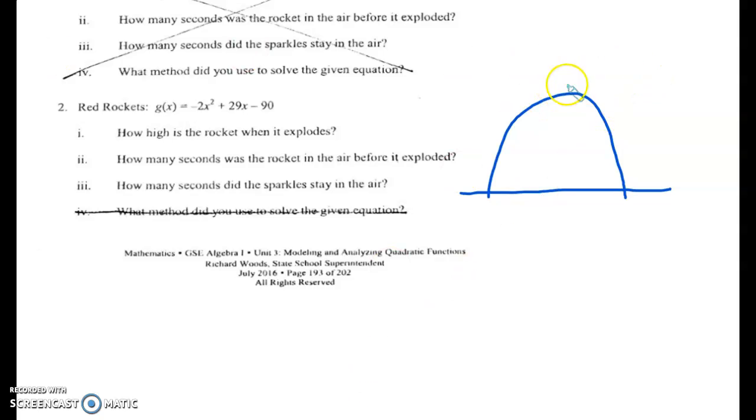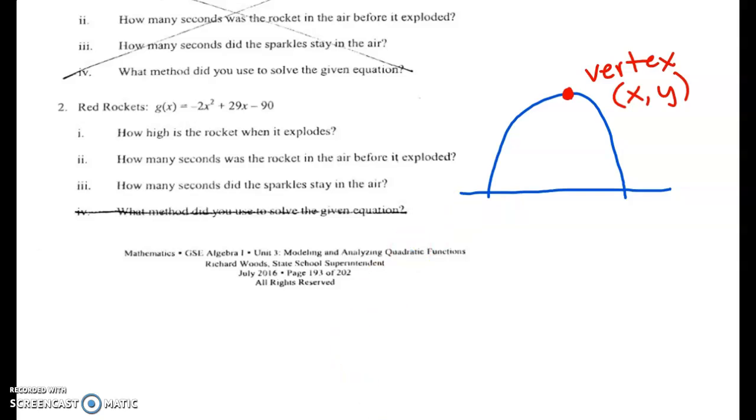The highest point would be right here, the maximum. Not only is it a maximum, it is my vertex, right? With my vertex, I have an x-coordinate and a y-coordinate.